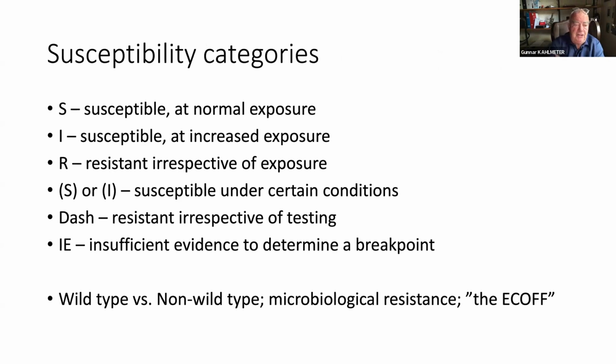Susceptibility categories in EUCAST is S, I, and R. Nothing very exciting there. Susceptible at normal exposure. And the I is susceptible at increased exposure. Many of you will be used to having the I as a buffer between S and R and to not really know what exactly to do with an I. Remember that in the current EUCAST system and with the breakpoints that we have reviewed and revised over the last 5 years, we have these two susceptible categories: susceptible at completely normal dosing, normal exposure, and susceptible at an increased exposure.